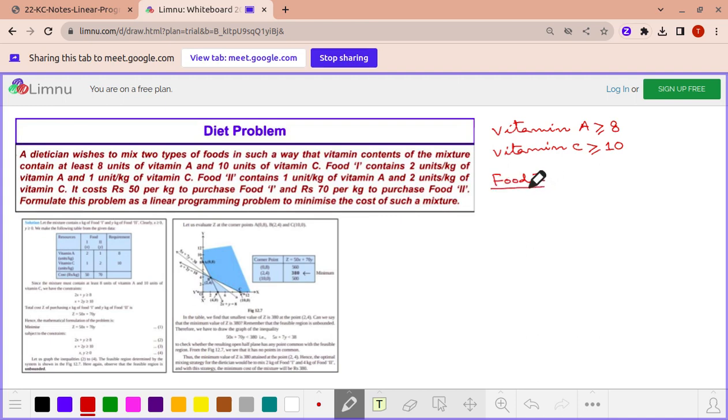It is having vitamin A 2 units per kg, and vitamin C, that is having 1 unit per kg.